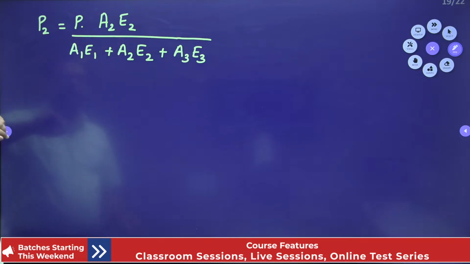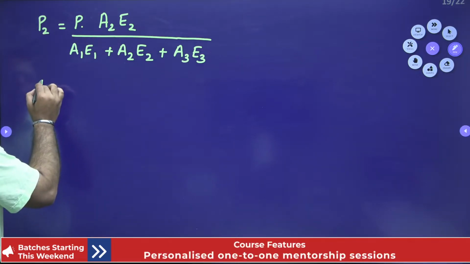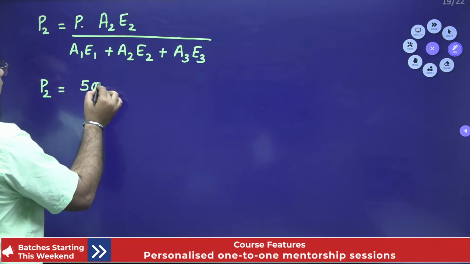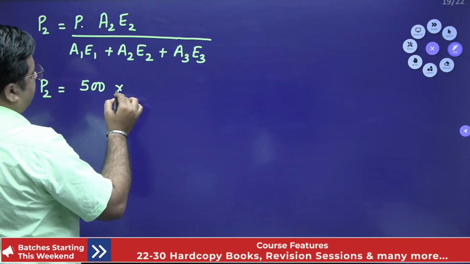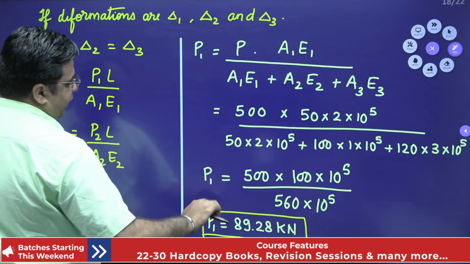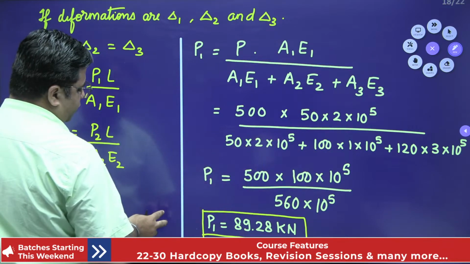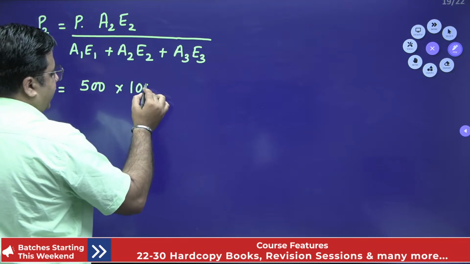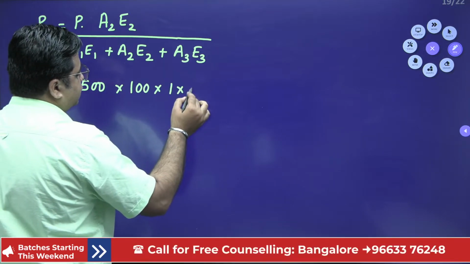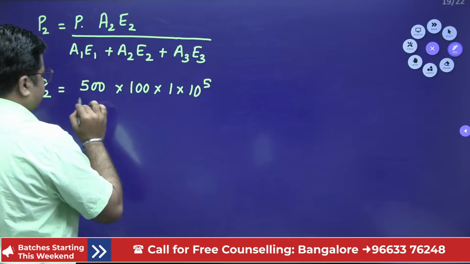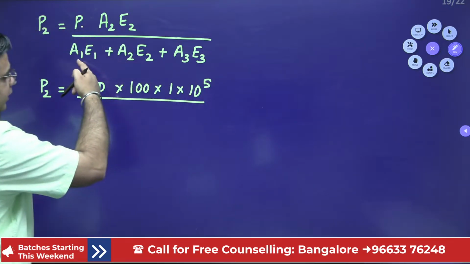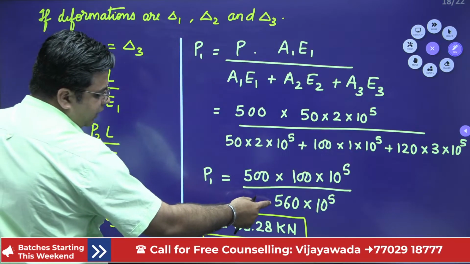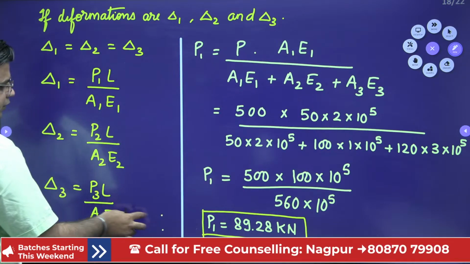Substitute the value of A2 E2. So P2 is equal to P, which is 500 kilonewton. So this is 500 multiplied by A2 E2. A2 E2 is nothing but 100 into 1 into 10 raised to power 5. So A2 is 100 and E2 is 1 into 10 raised to power 5. This entire denominator A1 E1 plus A2 E2 plus A3 E3 we have already calculated. It is 560 into 10 raised to power 5.